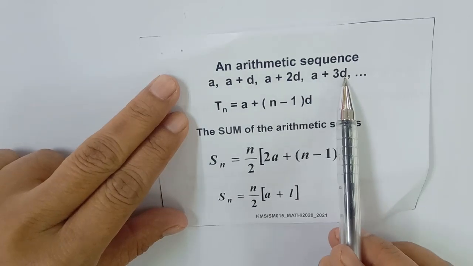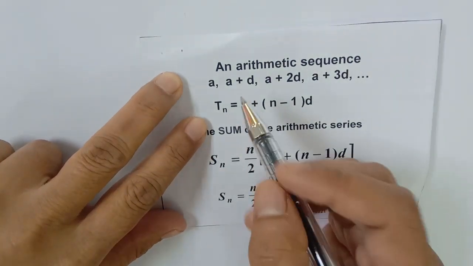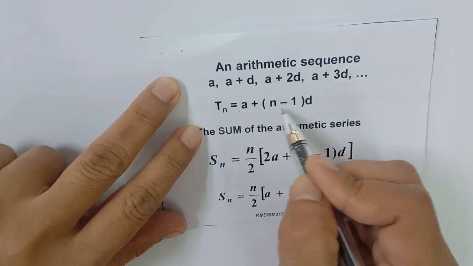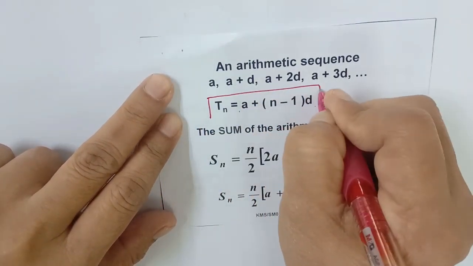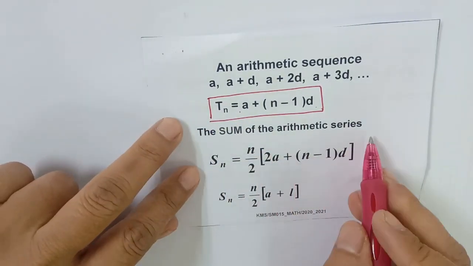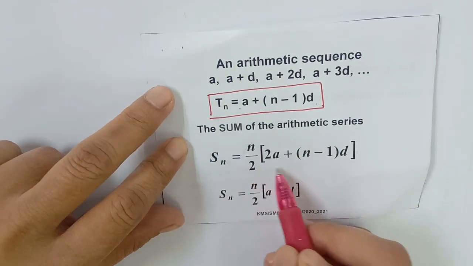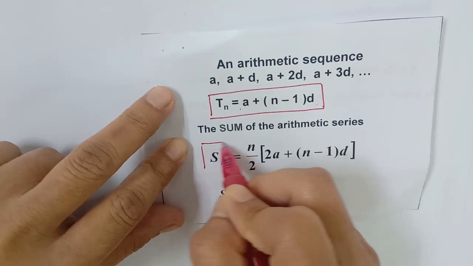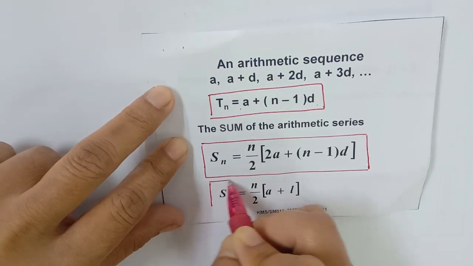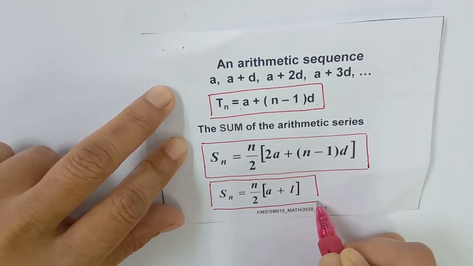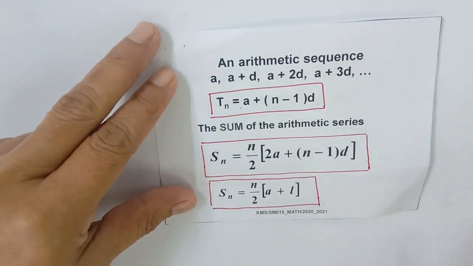For an arithmetic sequence, the nth term is Tn equal to A plus (n minus 1) times D. The sum of the arithmetic series has two formulas: Sn equal to n over 2 times (2A plus (n minus 1) times D), and the second formula is Sn equal to n over 2 times (A plus L). Okay, thank you.